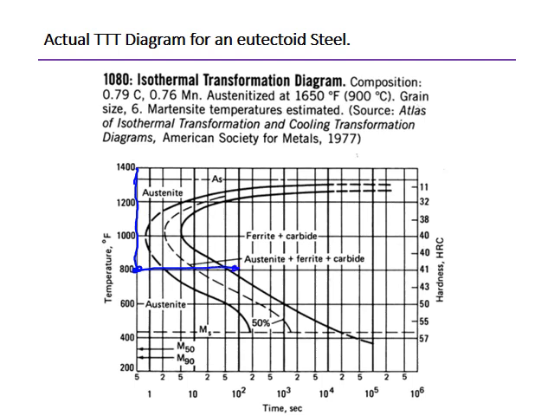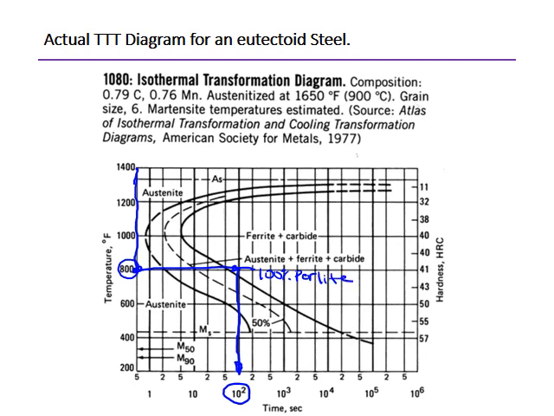So in this example, if you quench from the austenitizing temperature to 800 Celsius and you wait, in this example, 100 seconds, then you will have full transformation. So the material will be 100% pearlite.